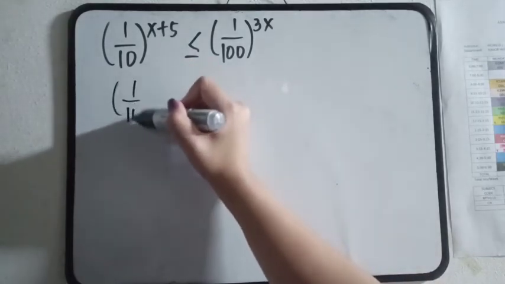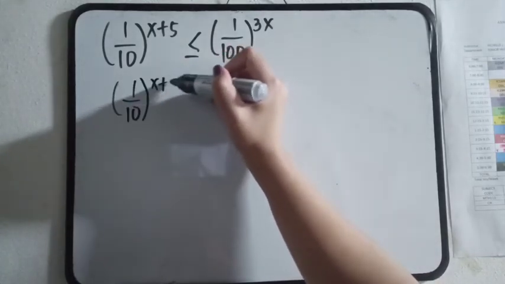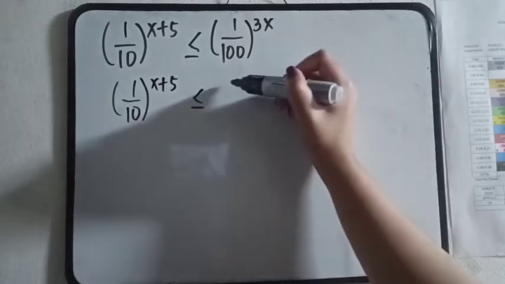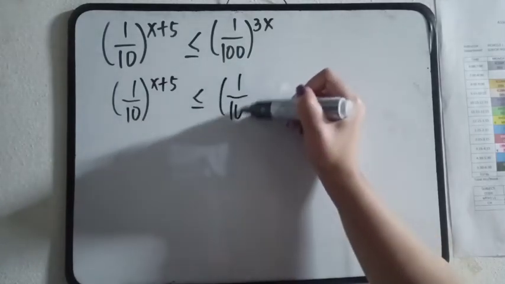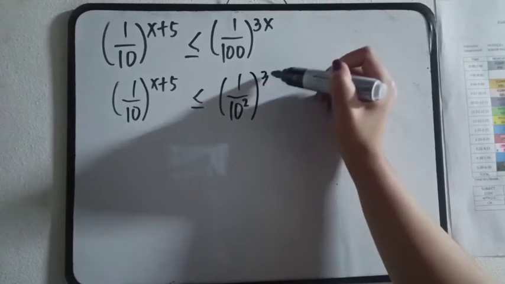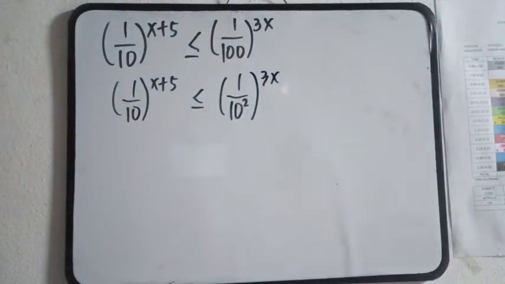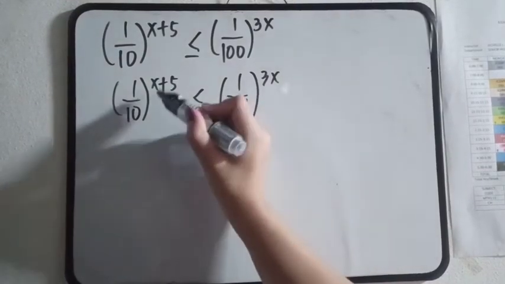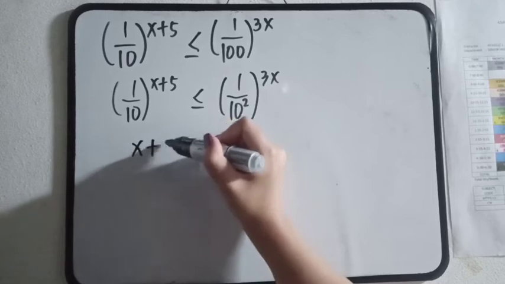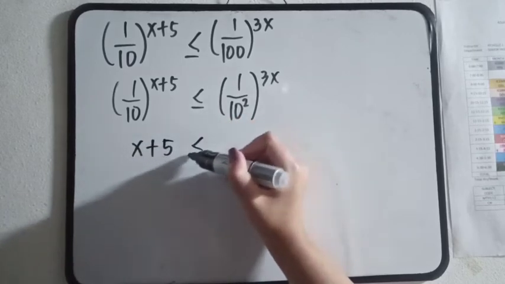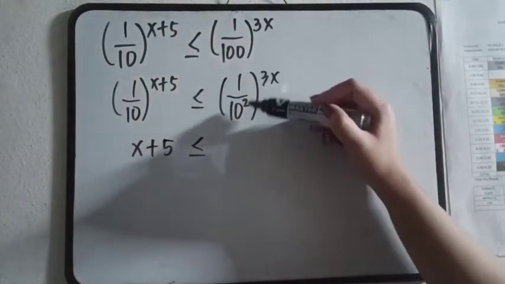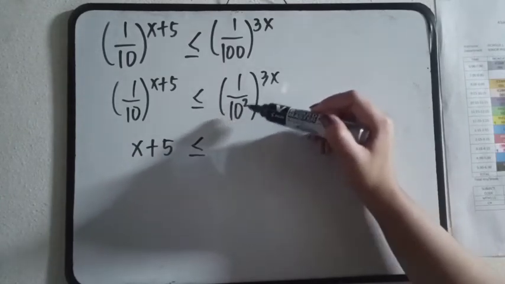Okay, so 1 over 10 raised to x plus 5 is less than or equal to 1 over 10 squared raised to 3x. Okay, so kapag same base na, ang kukunin mo na lang yung mga exponent. Okay, so dito, ang kukunin natin exponent ay x plus 5 is less than or equal to, so si 1 over 10 raised to 2, equal lang din yan dito.